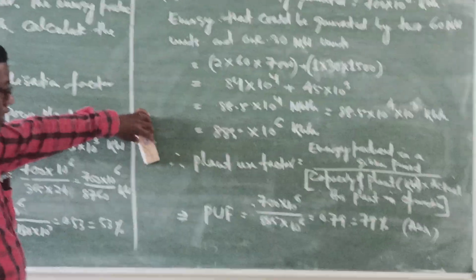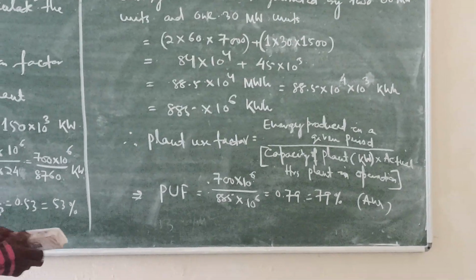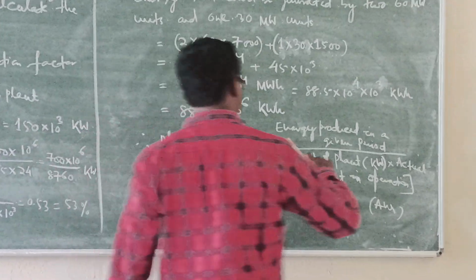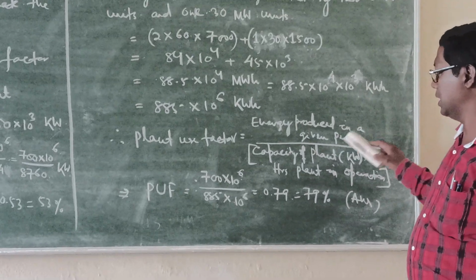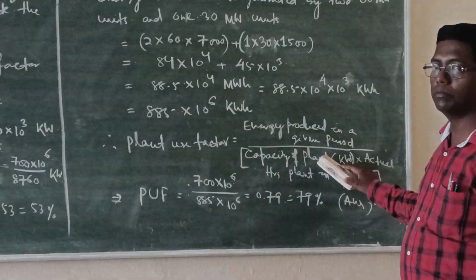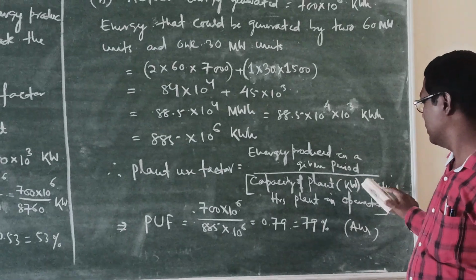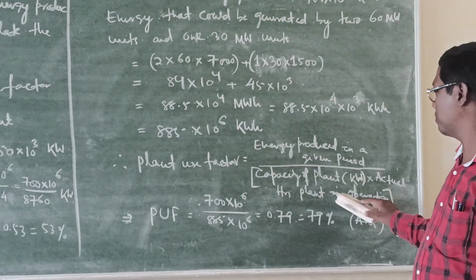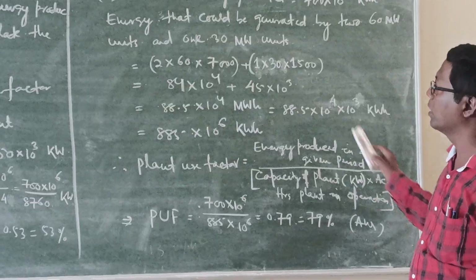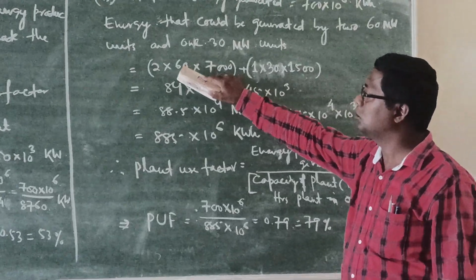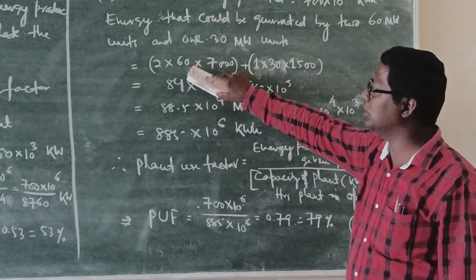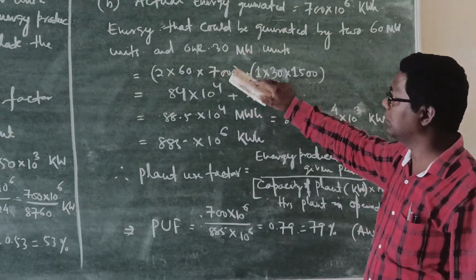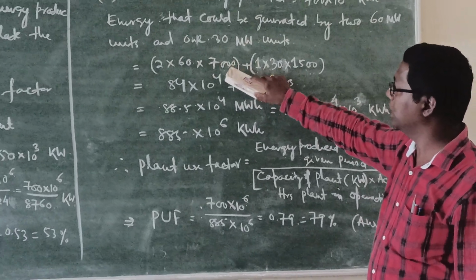Next is plant use factor. How to find the plant use factor? We already know plant use factor is the energy produced in a given period divided by the capacity of the plant into actual hours of plant in operation. Here you see the capacity of the plant is 60 megawatt units running for 7,000 hours a year.